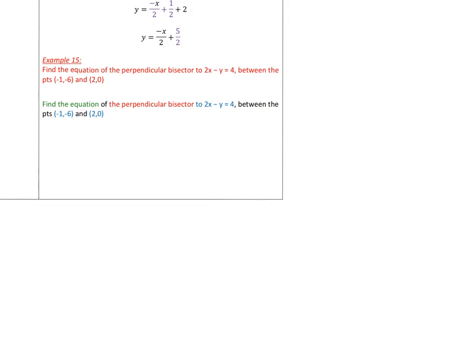So find the equation of the perpendicular bisector. A bisector, if you're cutting something exactly in half, means this length is equal to that length. Yeah?